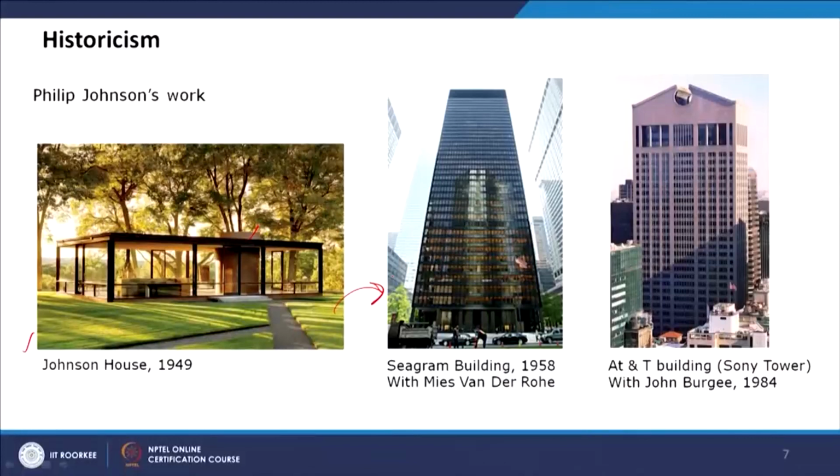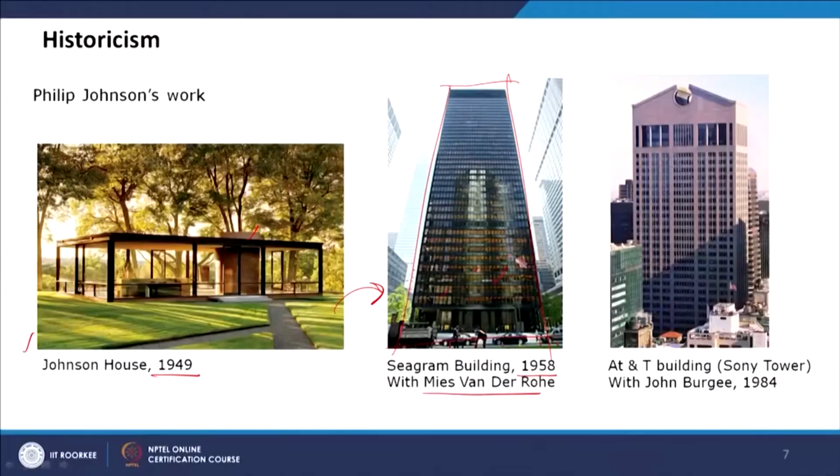Later he designed the Seagram Building. This is 1949, this is 1958, almost a decade later. He collaborated with Mies van der Rohe and designed the Seagram Building, which comes in the monolithic style, a continuation of the internationalist movement.